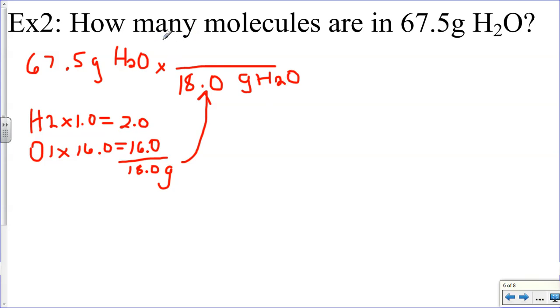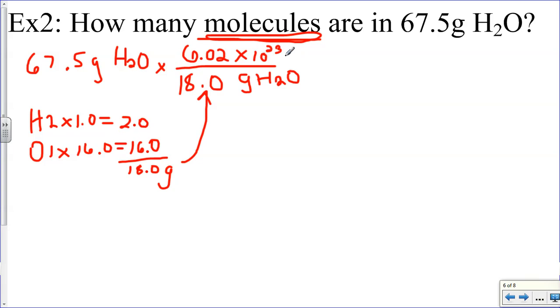Okay, I'm asked to determine how many molecules. How many molecules? Well, what's that magic number that goes with molecules? Avogadro's number, 6.02 times 10 to the 23rd power.